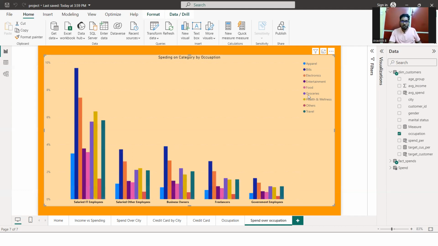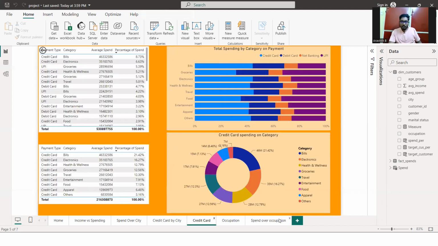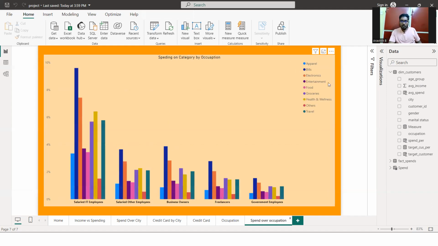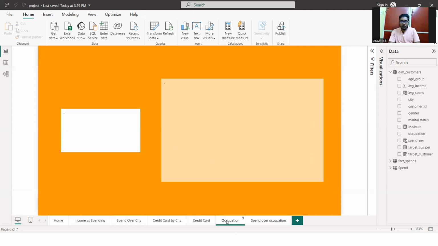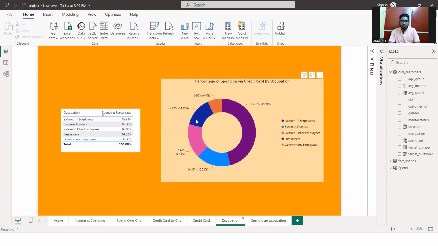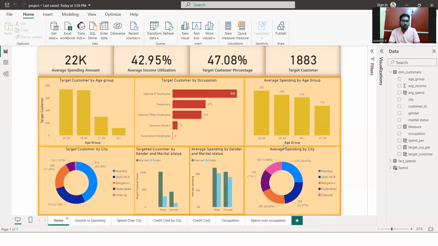The same pattern of using the credit card across the six categories is followed here also. The declining pattern for each customer range is proportionate to the occupation, as we already saw in this graph.